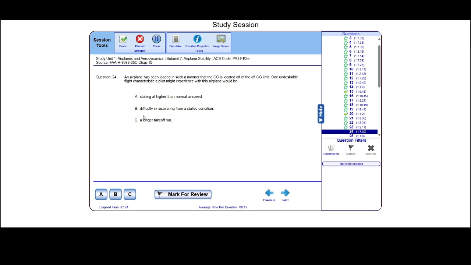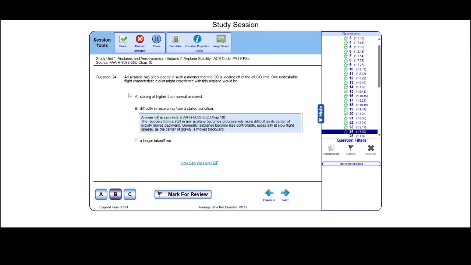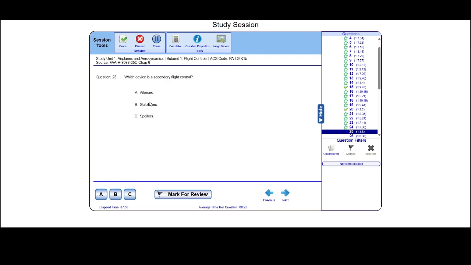What is one flight characteristic when the airplane has been loaded at max weight? I think it would be B, because it's trying to trick you. Secondary flight control would be the spoilers.